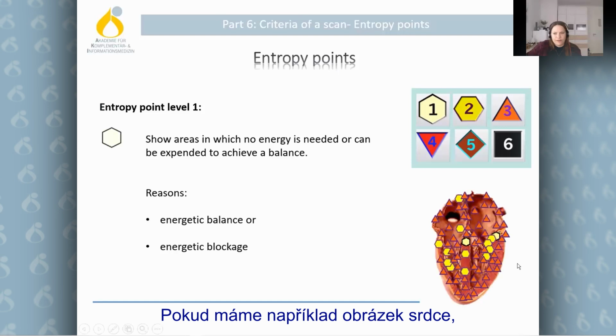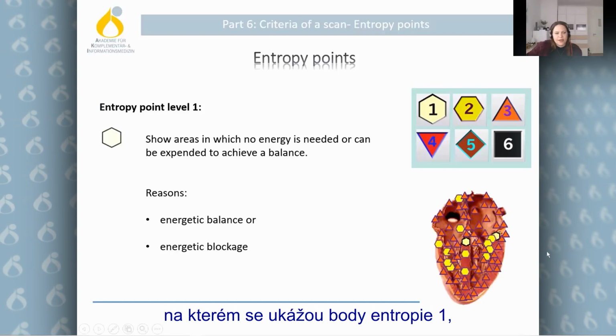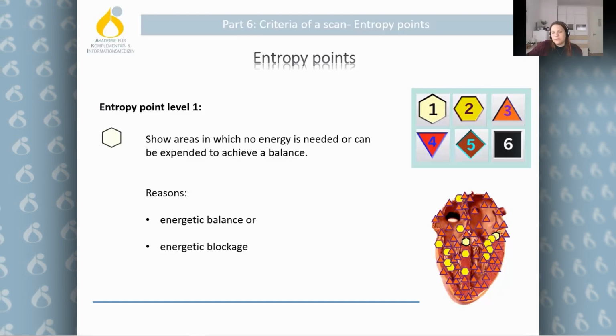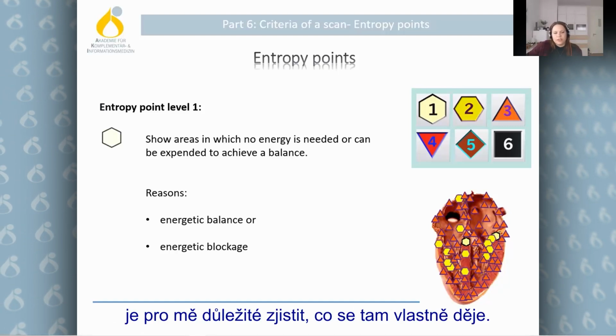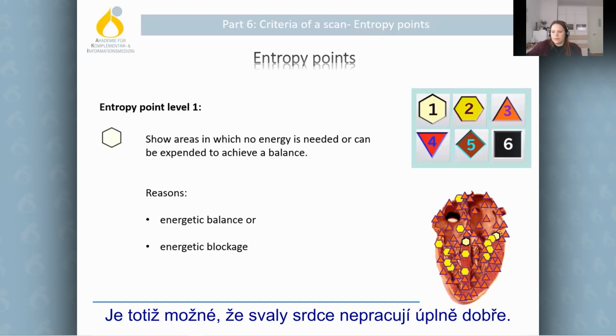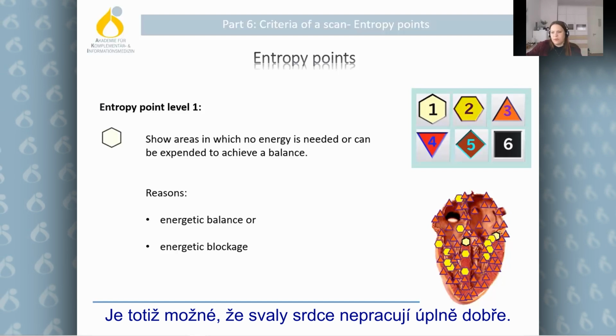For example, when we have the picture of the heart and I have entropy points 1, it's more important for me to see what's going on there, especially when it's at the muscle of the heart. It can be that the heart is not able to work there really well.